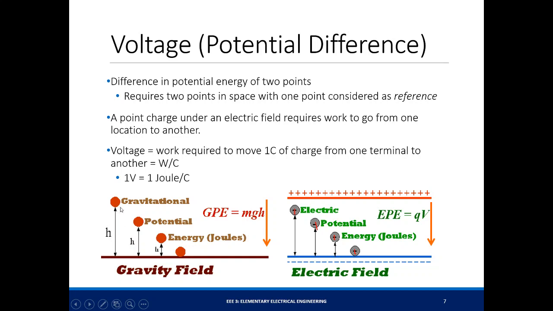Your GPE always attracts the body, but it does not have a positive repelling force here at the higher level of your gravity. So that's the only difference between your electric potential energy and your gravitational potential energy.